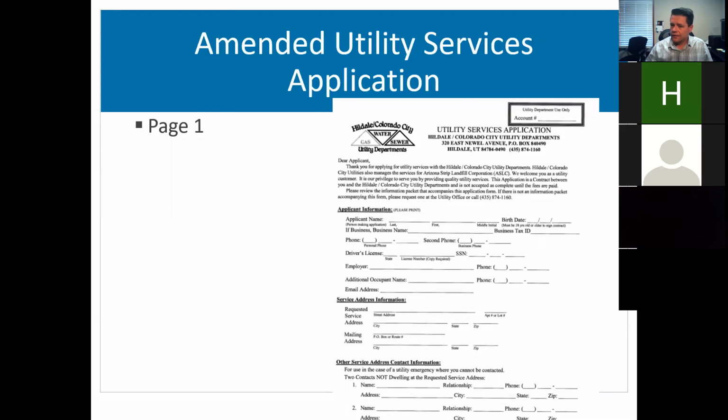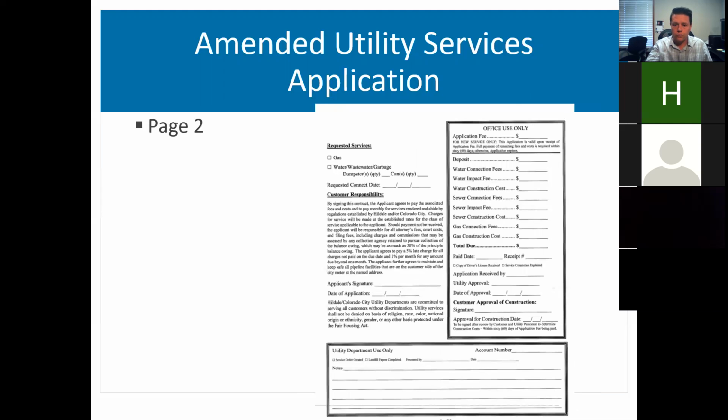And now some of you have already seen this. This is a copy of the updated utility services application that we use. And the main changes that you'll see are on page 2 and page 3 of the application. So first off, you'll see down toward about 2/3 of the way down the page on the left there, it says Hildale, Colorado City Utility Departments are committed to serving all customers without discrimination.